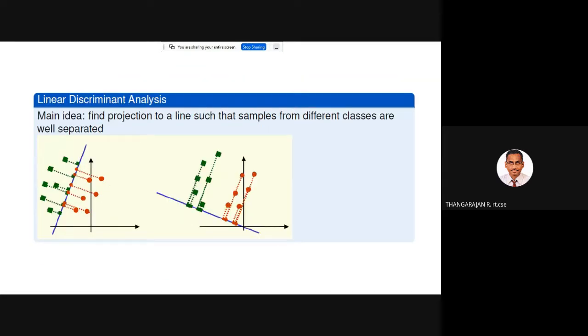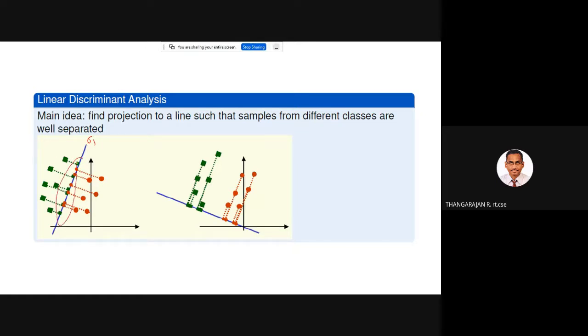Now you take the same data set that we have shown here. If this is the principal component for this data set, what I call sigma 1, and you map your data points onto that component, you find there is no linear separability.